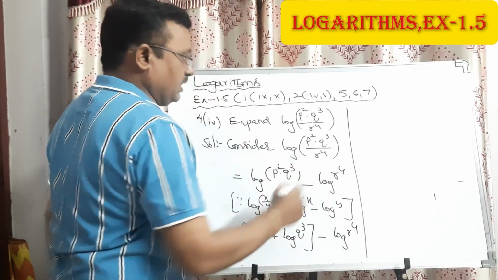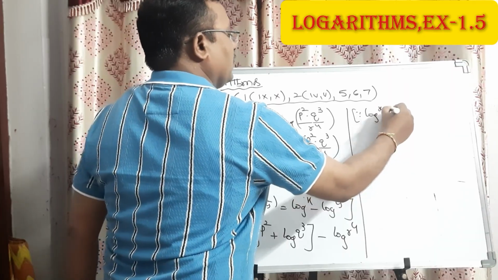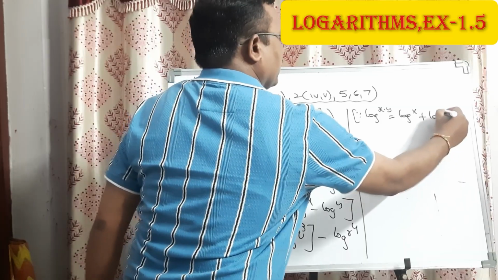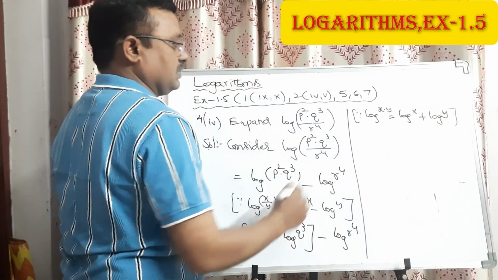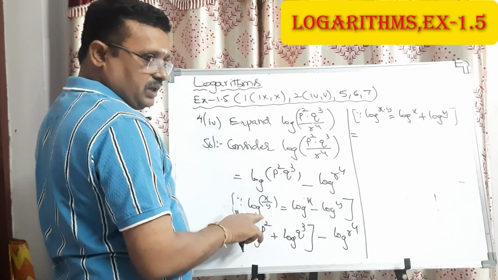Here what formula did we use? Log x into y is equal to log x plus log y. Now it looks like the log b power m model.